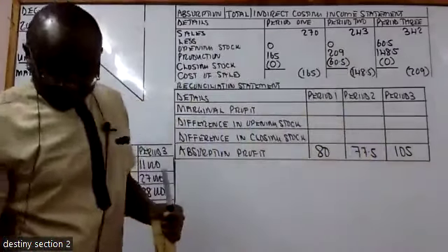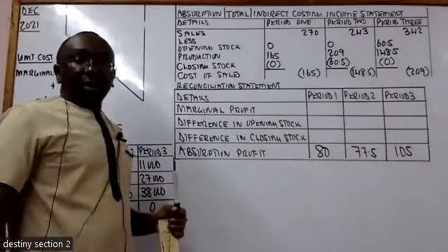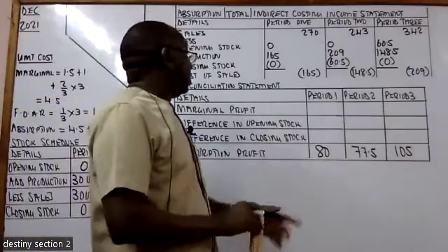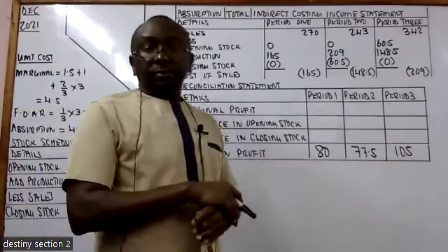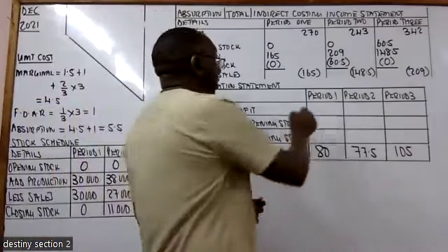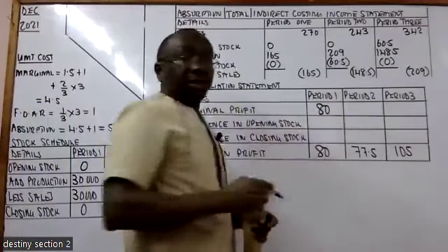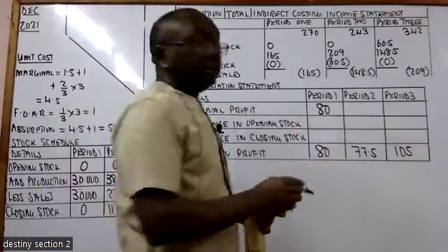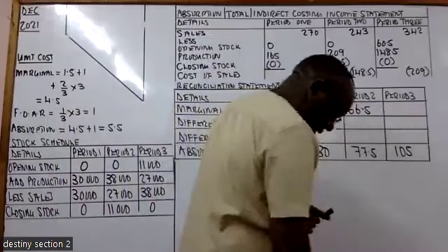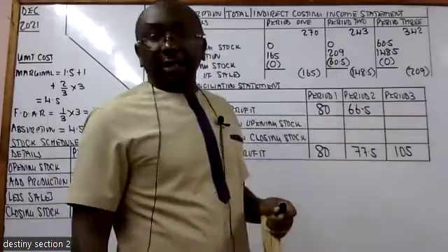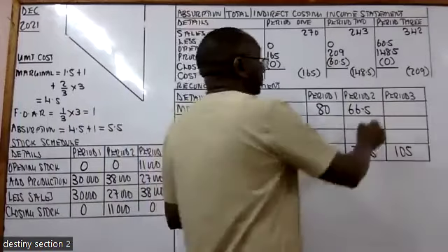Now tell me, according to marginal, the first period profit here, 80. The second period, 65. The next period, 116.